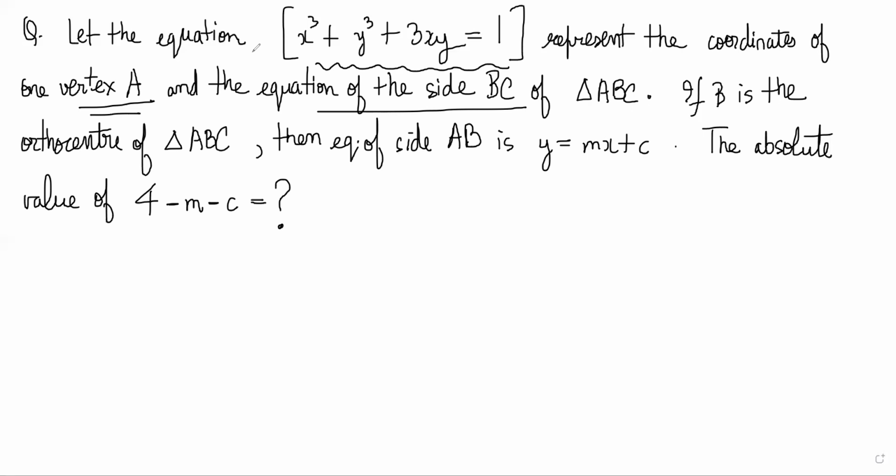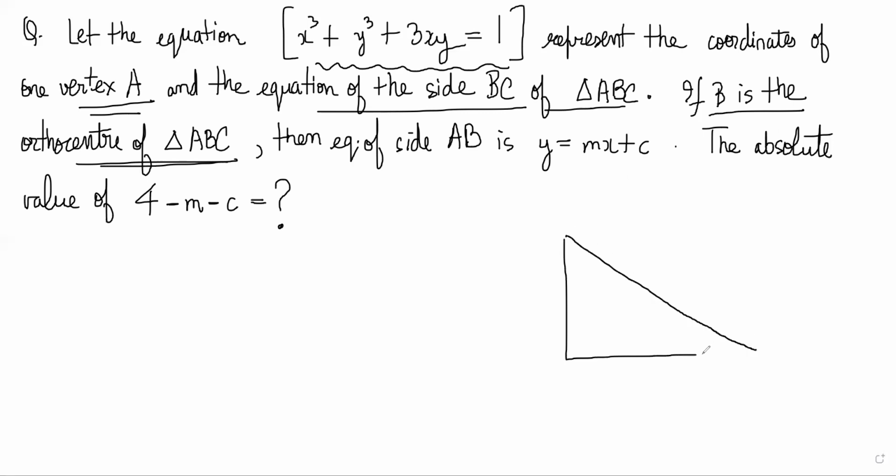For the moment, don't worry about that. Think about the triangle. So there is a triangle ABC and B is the orthocenter, right? So it's a right angle triangle at B then, right? In a right angle triangle, orthocenter is at the right angle.